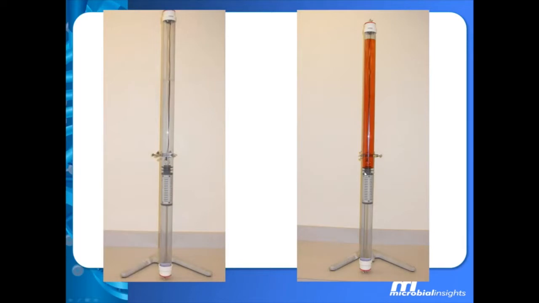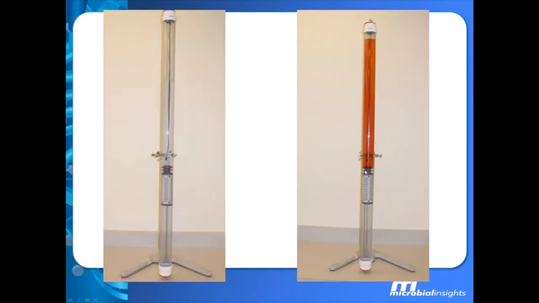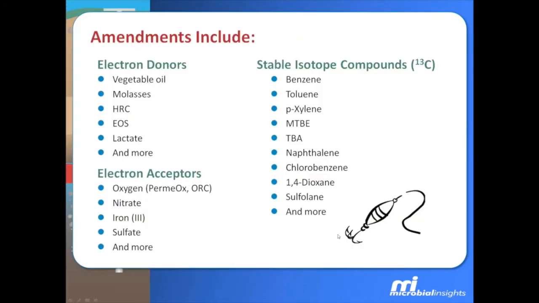Now, these in situ microcosms are baffled at the end pieces so that when they're deployed, they're isolated from one another in the well to minimize any crosstalk that might take place.